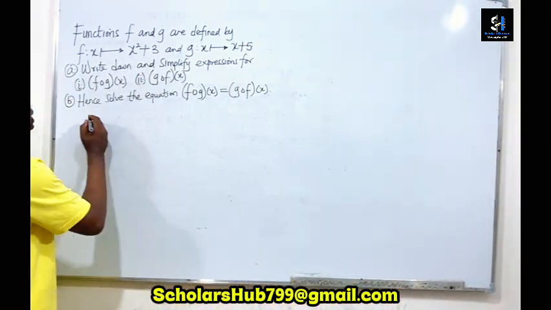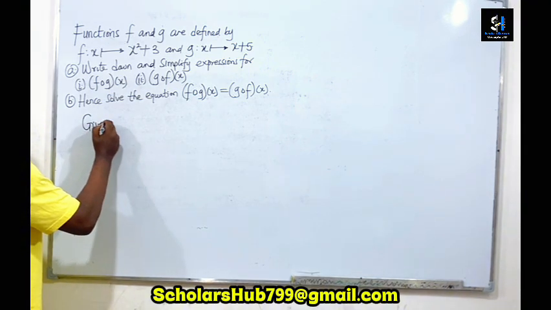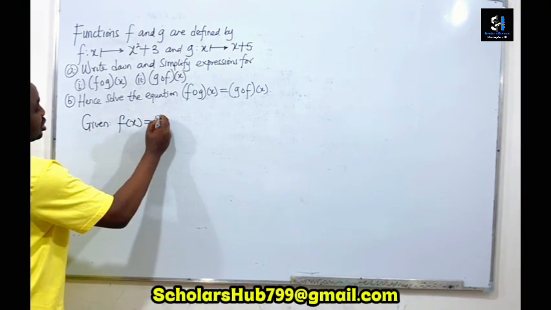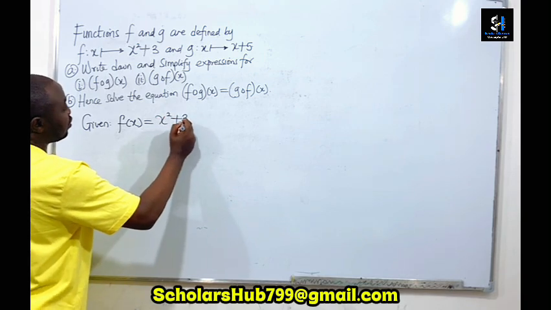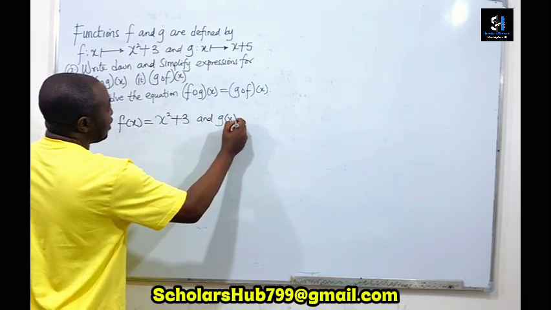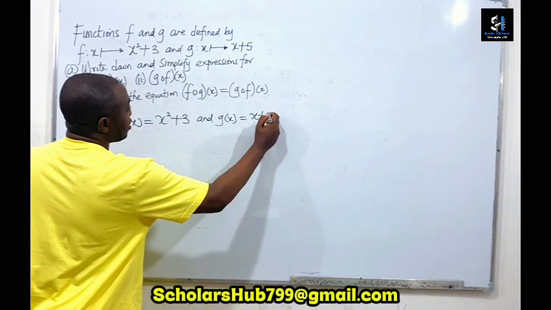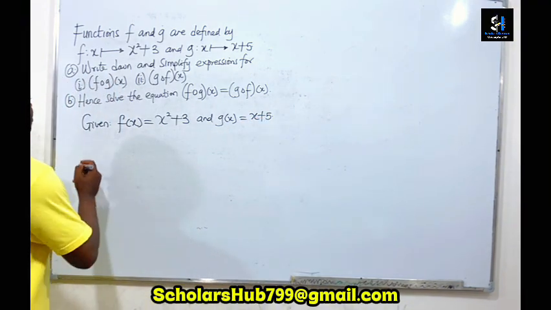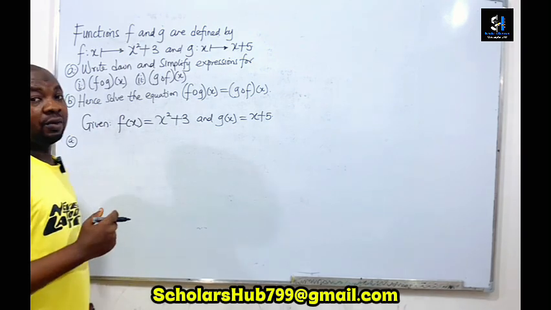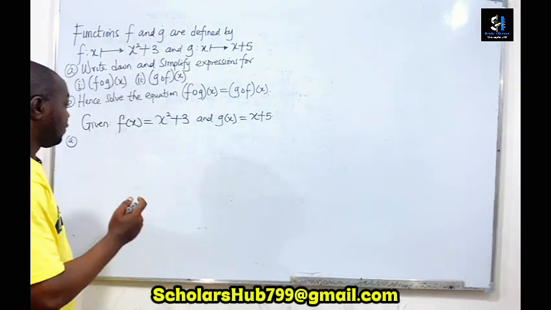Alright, so we're given f of x is equal to x squared plus 3, and g of x is equal to x plus 5. The first question is to write an expression for composite function fg of x.